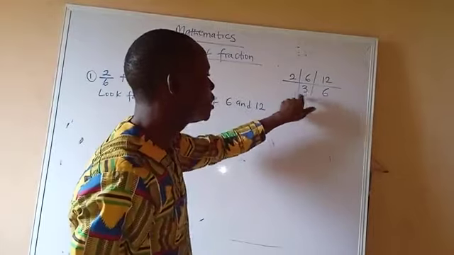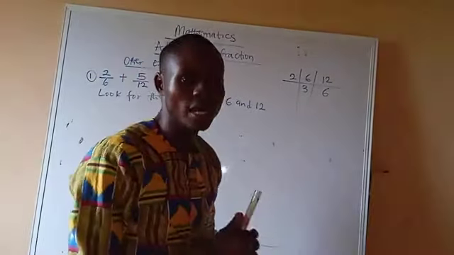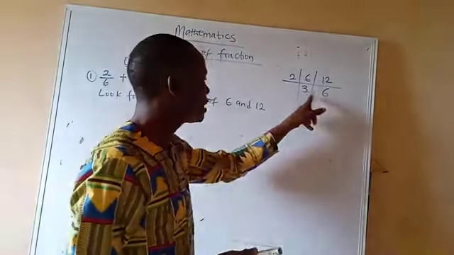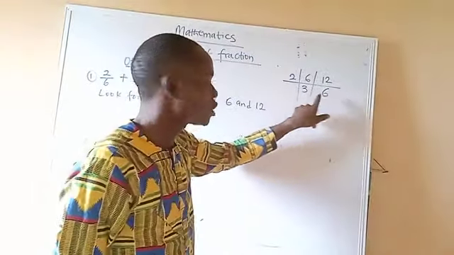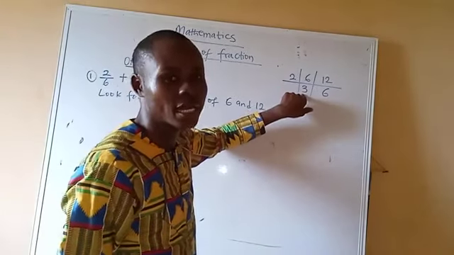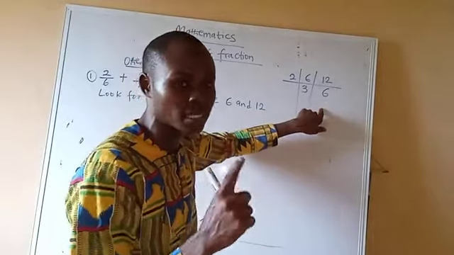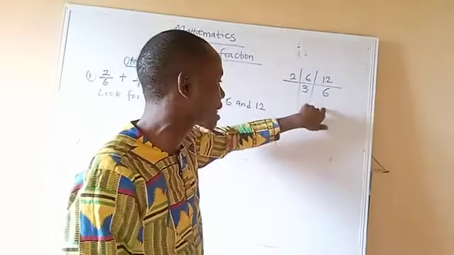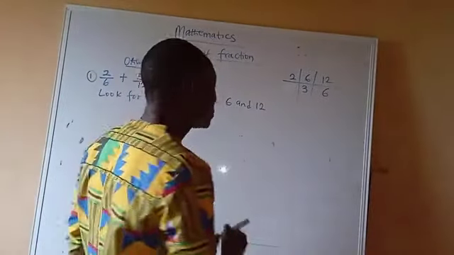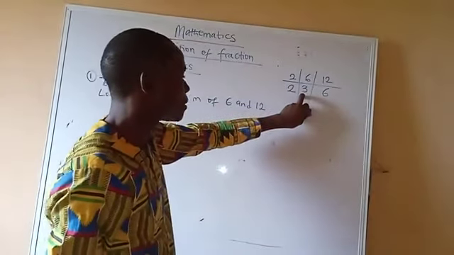Now, what will be the lowest number again that can go? Let's try 2 again. Is there any number that 2 can divide here? Yes, 2 can divide 6. But 2 cannot divide 3 without a remainder. But leave it. As far as you have gotten one of the numbers that 2 can divide without remainder, because 2 now is the smallest number that can go here, we now use 2 again. 2 goes into 3.